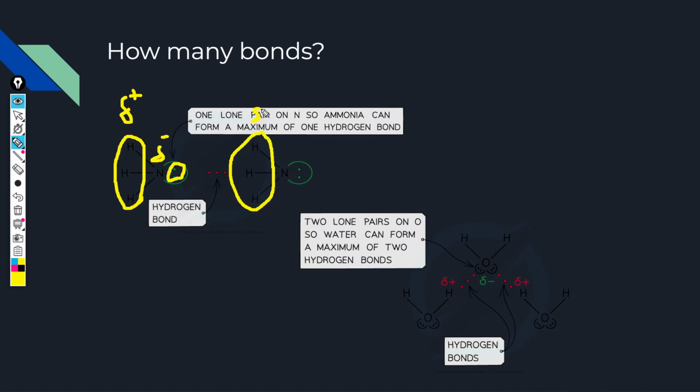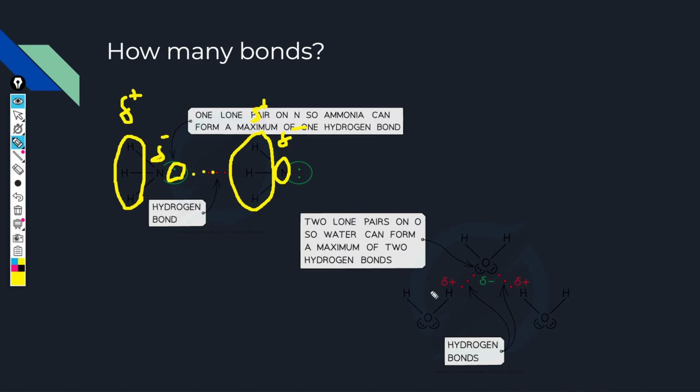Hydrogen will be delta positive and the nitrogen will be delta negative. So again, what will happen, like we know, the delta positive hydrogen is so bad at attracting the electrons, nitrogen takes most of them and has such a strong charge that there will be a hydrogen bond between here. However, since there's only one lone pair of electrons, only one bond can form. One hydrogen bond will be able to form.